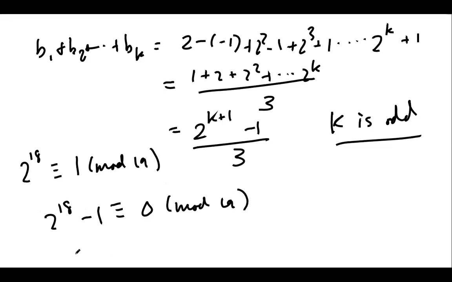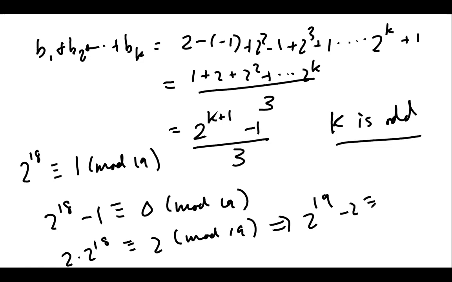And also, if we multiply both sides by 2, 2 to the 18 times 2 is congruent to 2 mod 19. And that's the same as 2 to the 19 minus 2 is congruent to 0 mod 19. So notice that these are all in the forms here.